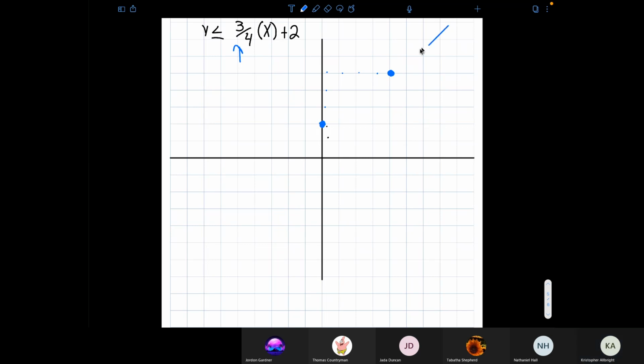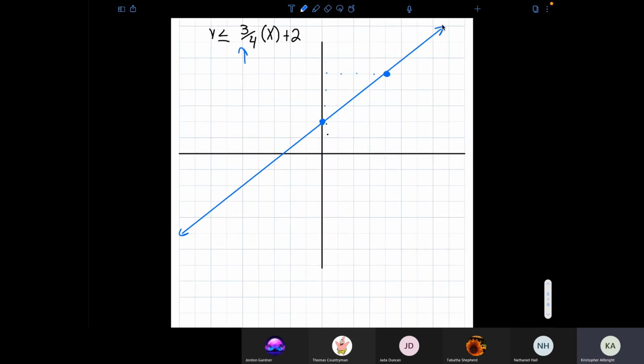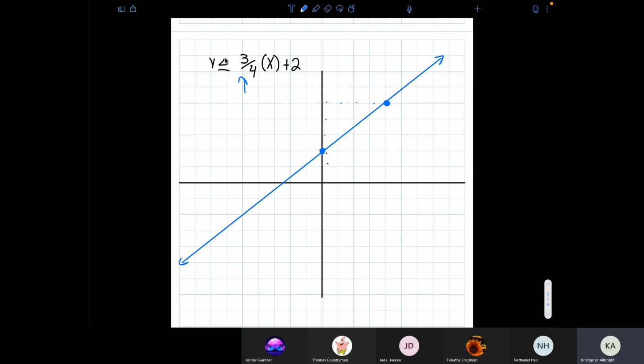So trying to make this perfect. Okay. And we know that we're using a solid line because we have this less than or equal to sign right here. Because it is equal to as well, we use the solid line.